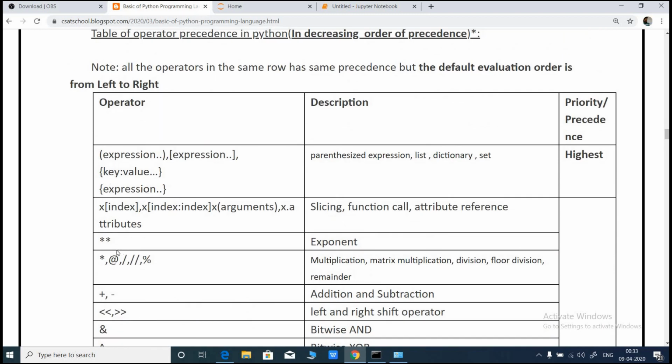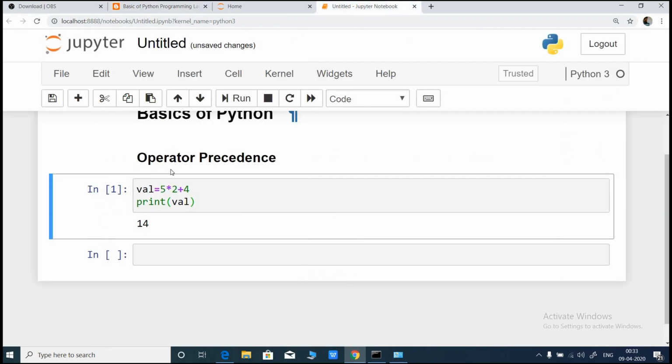You can see that the multiplication operator comes above the addition operator. That means multiplication has higher precedence compared to addition. So multiplication will be done first and then addition. That's why 5 times 2 is 10, and when we add 4 to it, our answer is 14.